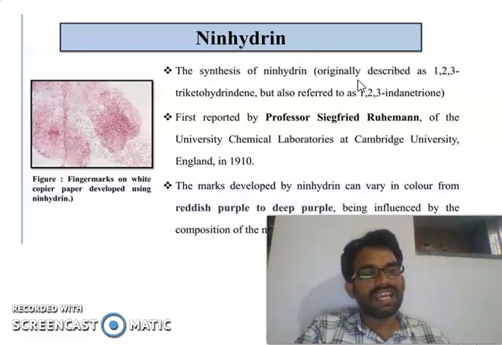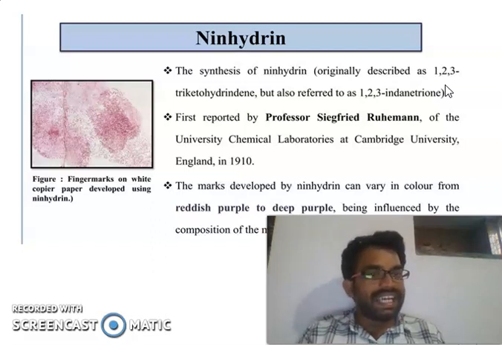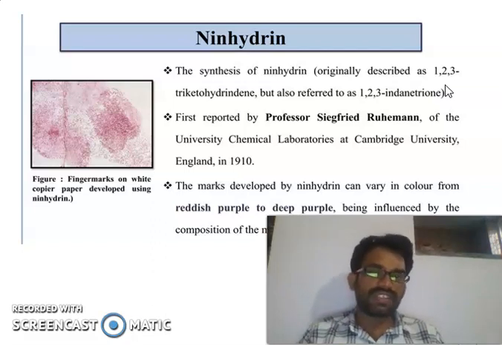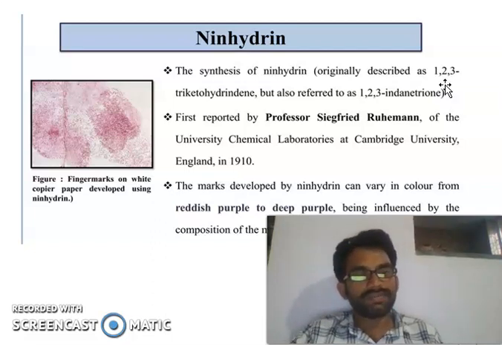The synthesis of Ninhydrin is originally described as 1,2,3 triketohydrindene, but it is also referred to as 1,2,3 indanetrione. It was first reported by Professor Ruhemann, a great professor at the University of Cambridge in England, in 1910.